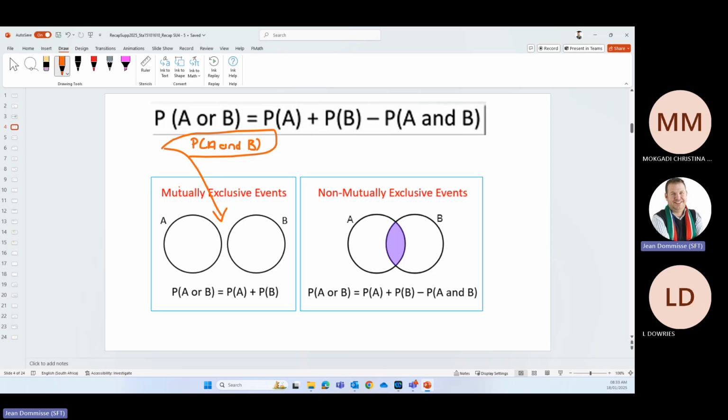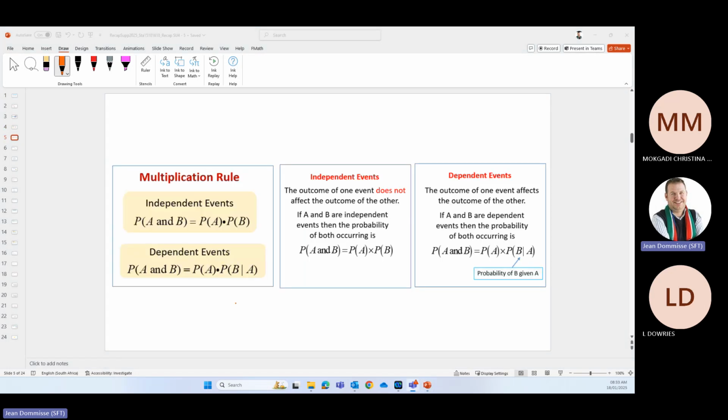And that is important because in some questions, they will tell you that A and B is mutually exclusive, and they will ask you to work something out. In some other instances, they might talk about the events that are independent.